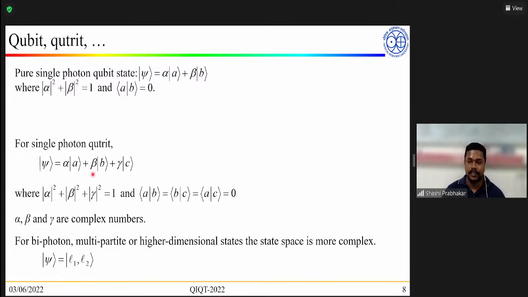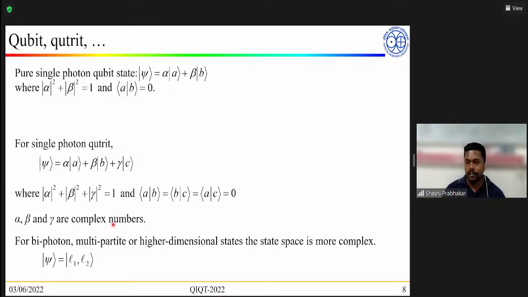As we know, these A, B, C for OAM states can be alpha with OAM 1, beta with 2, then gamma with 3, and similarly we can go with the infinite sum. Accordingly, for this pure state, the normalization will change, and the orthogonality and orthonormality relations will be inherited. And alpha, beta, gamma, these coefficients will be complex numbers.